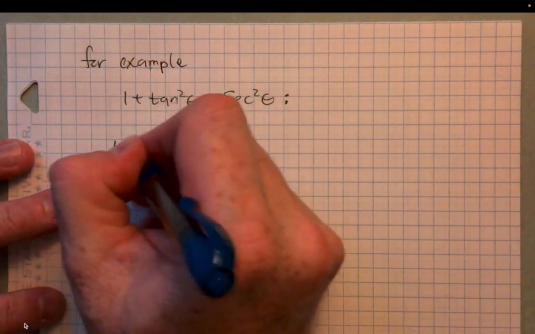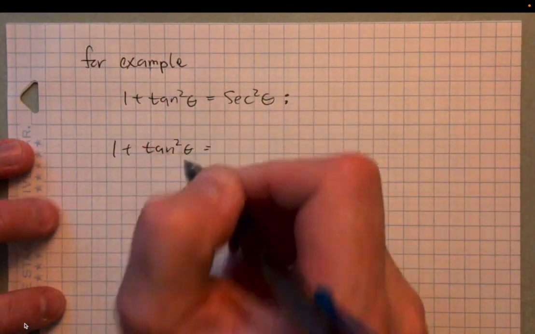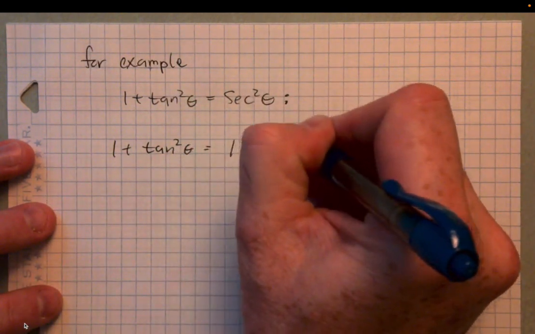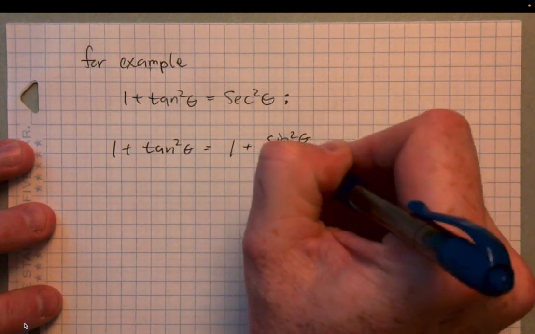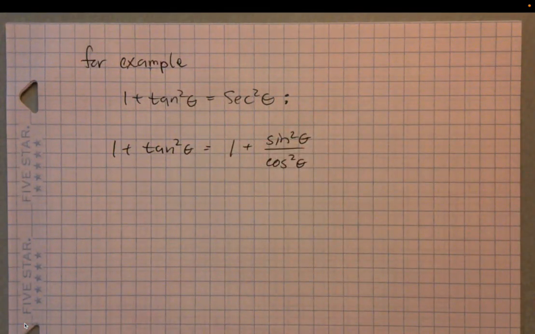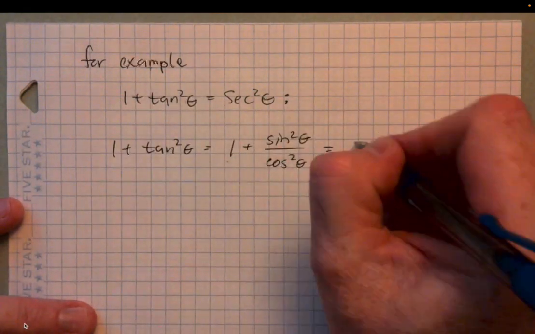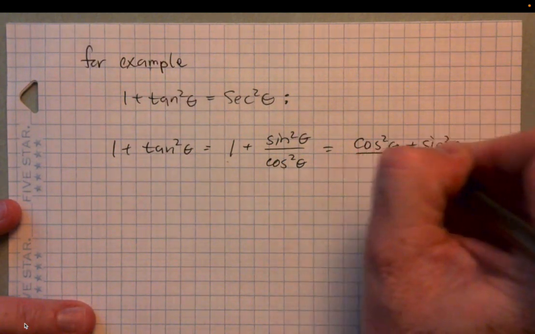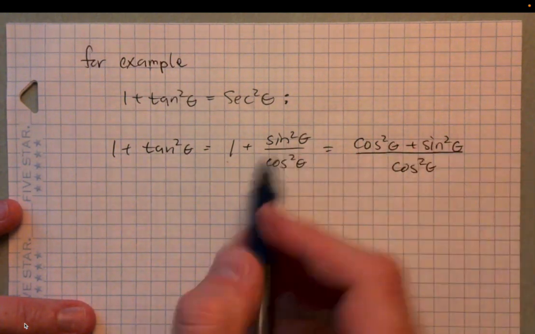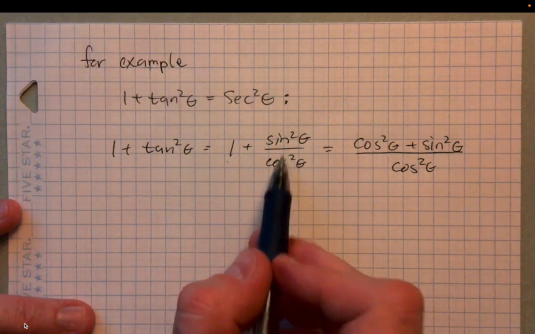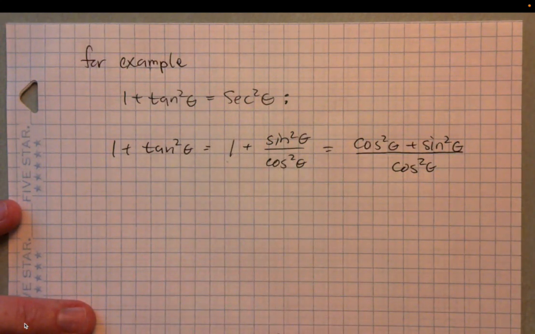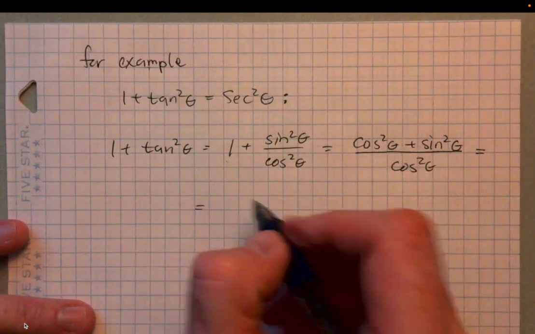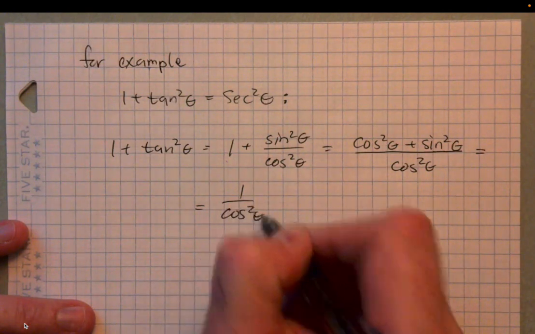Well, 1 plus tan squared theta, well, tangent is sine over cosine, so this is equal to 1 plus sine squared theta over cosine squared theta. And you can get a common denominator here, and you'll see that that's cosine squared theta plus sine squared theta over cosine squared theta, right? So just moving this denominator over to this term. Okay. And so that numerator is obviously 1, so that's equal to 1 over cos squared theta.